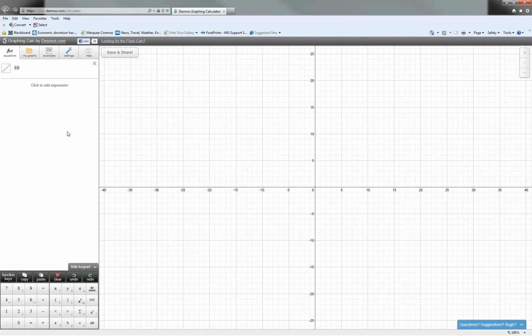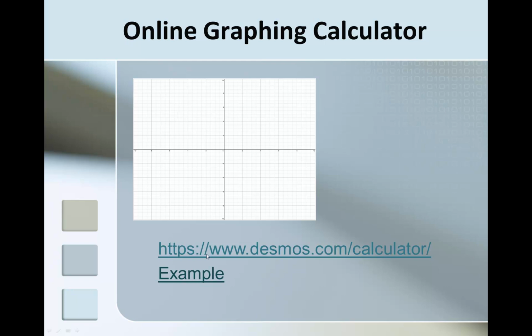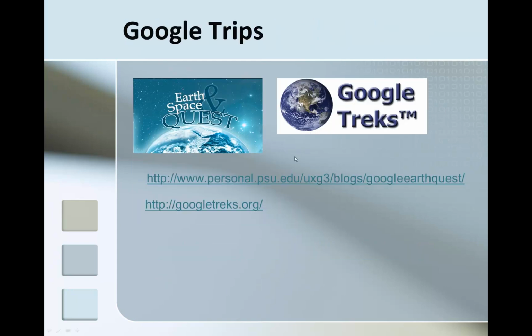You can put in numbers, and you can ask it to graph equations for you. It's very robust, it's free, and it would be really great for any math class. It's by Desmos.com, and I know some folks that have used this in class, and it's really fantastic. So that's an online graphing calculator.